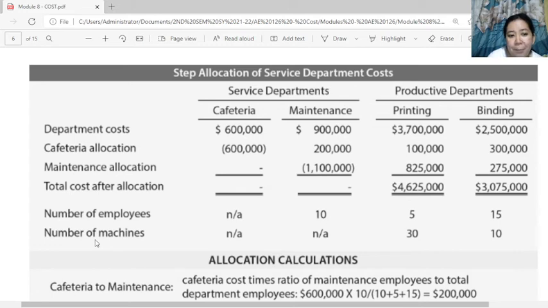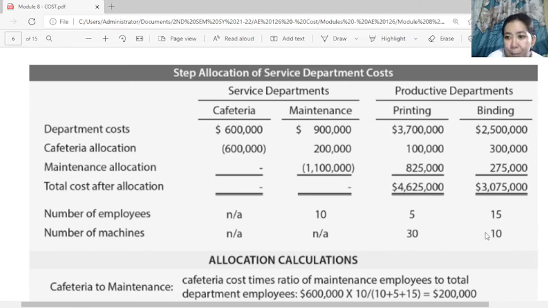Here the basis is the number of machines. Just like in the direct method, we get the ratio of the number of machines per productive department and multiply it by the departmental cost of the maintenance department. For printing, that's 30 machines divided by 40 machines times 1,100,000, which is equal to 825,000.